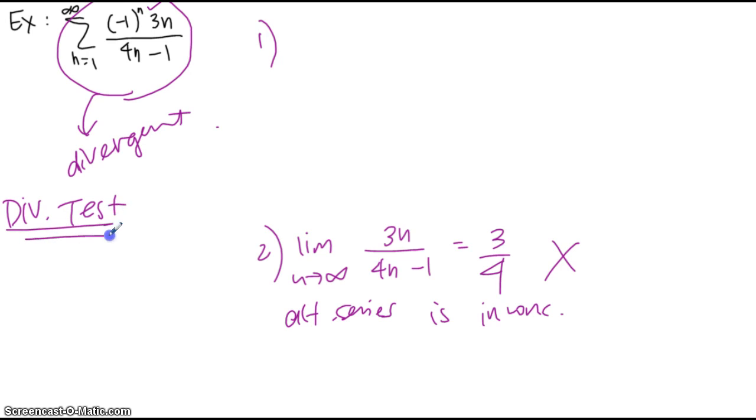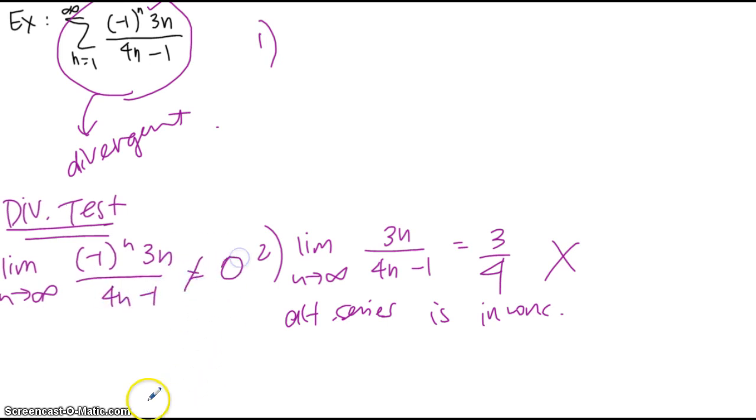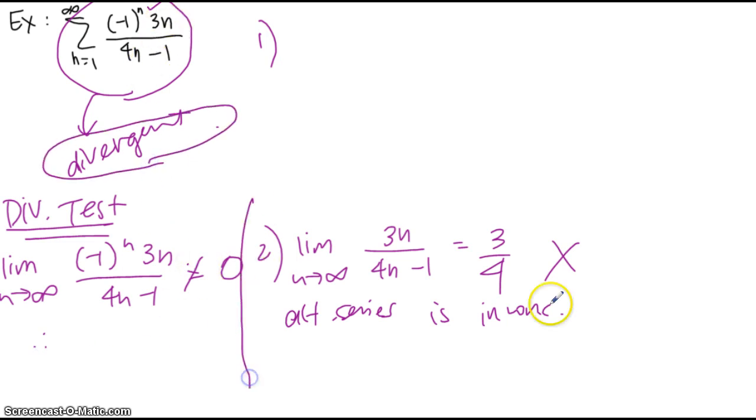It's the divergence test where I take the limit as n approaches infinity of the full thing, and it does not equal 0. Therefore, this series is divergent. Okay? So really, if it fails this portion of the alternating series test, then it definitely is divergent because of the divergence test.